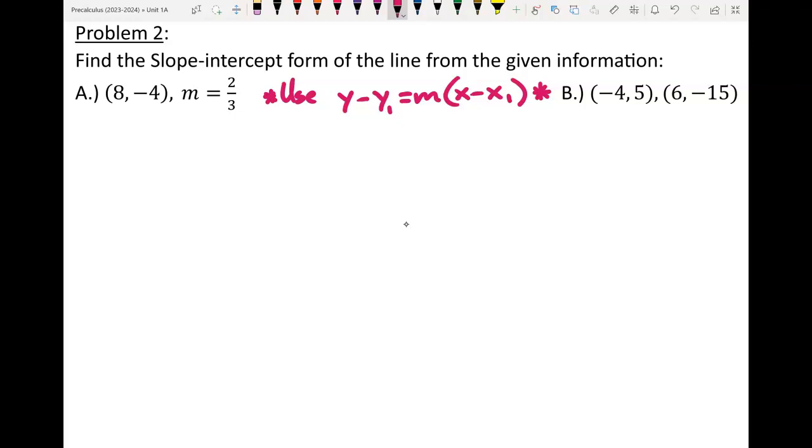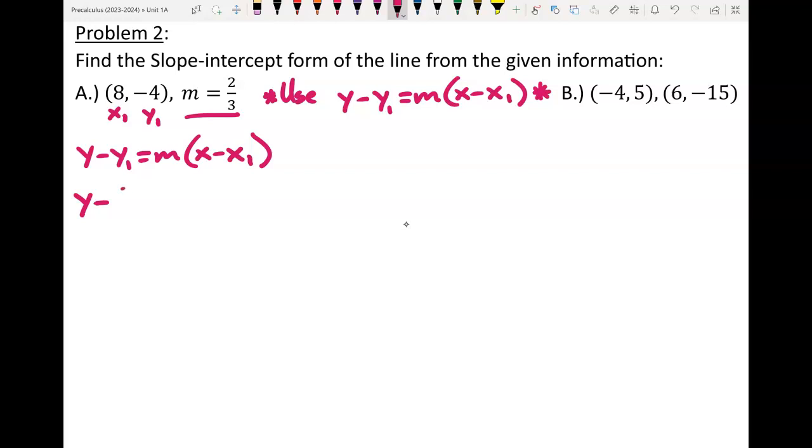So this form requires a slope and a point. Well, here's our point, x1, y1, and here's our slope. So if I have y minus y1 equals m times x minus x1, y minus, what's our y1? Jet, what did I label as y1?